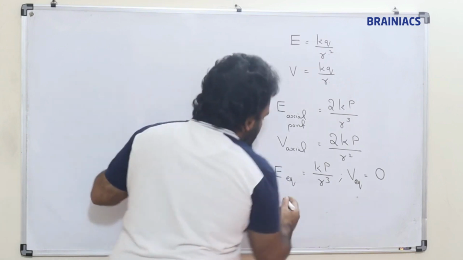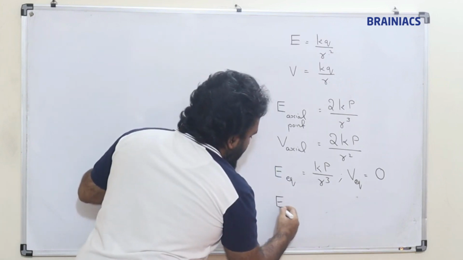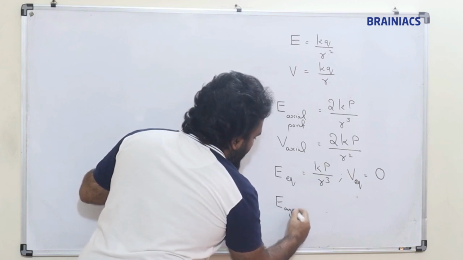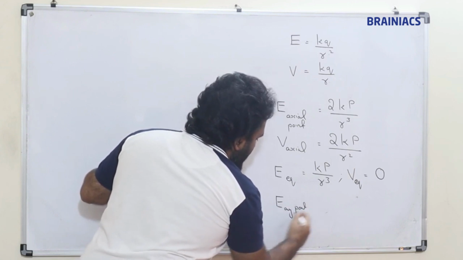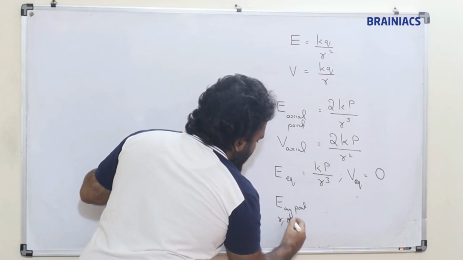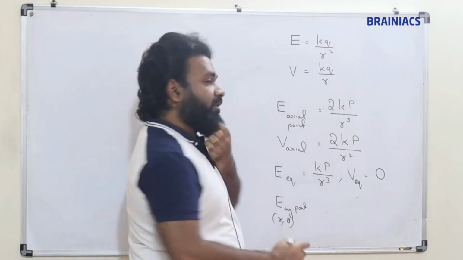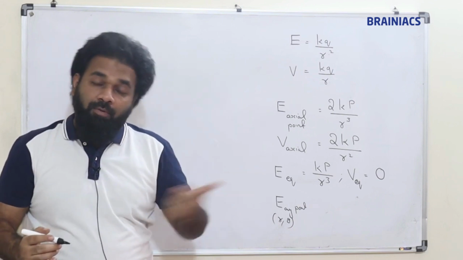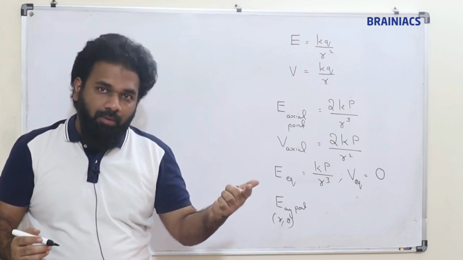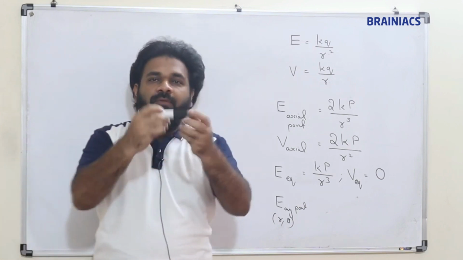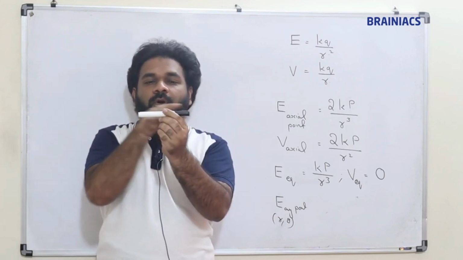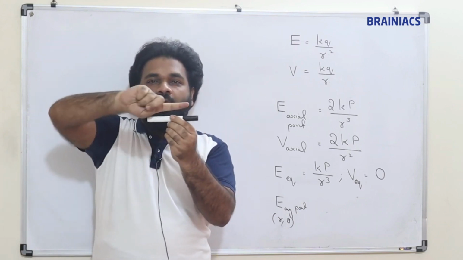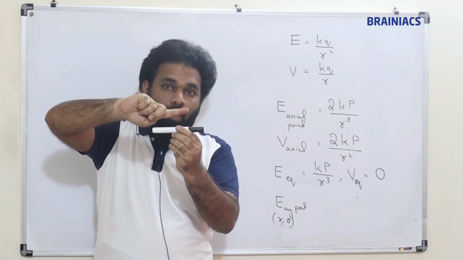So now at any point, electric field, at a distance r, at an angle theta, this theta with respect to what? The electric dipole or dipole moment, in the direction of the dipole moment. If this is the south pole and this is the north pole, this will be the direction of the dipole moment.